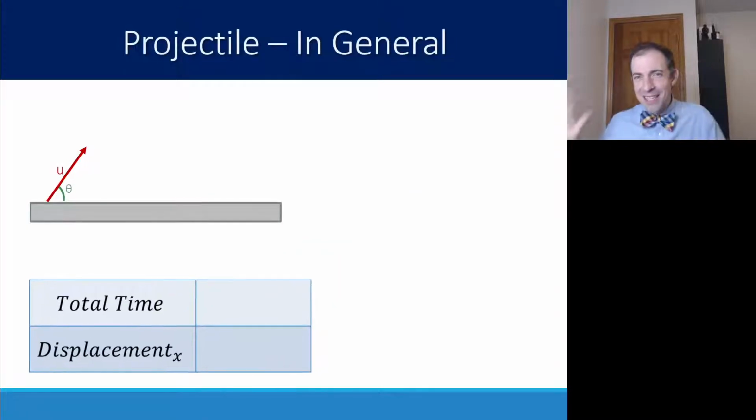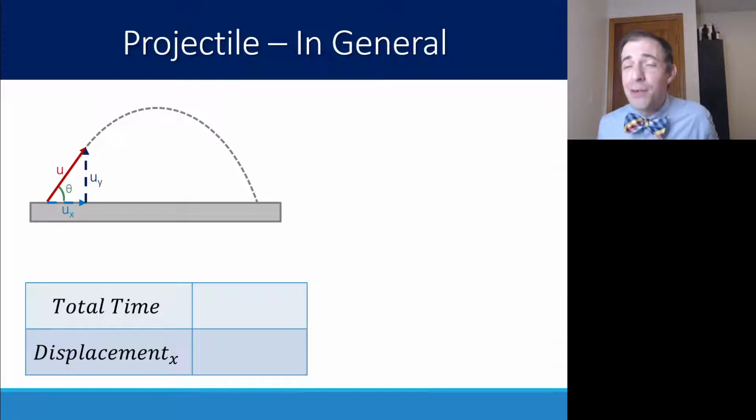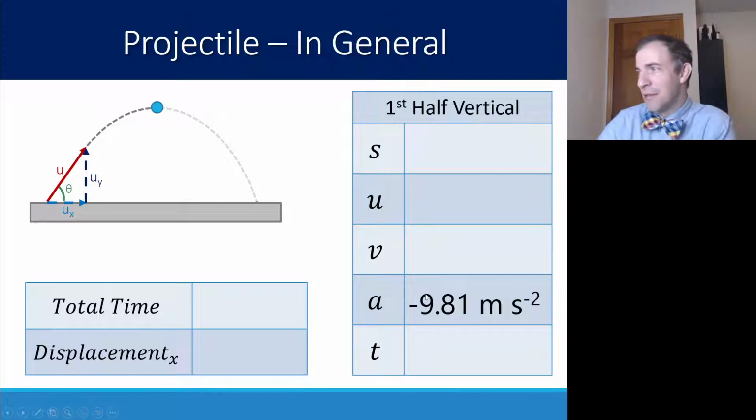All right, so let's look at this in general. If I have a projectile that goes up and back down, the first thing I need to do is solve for ux and uy. Now, that's going to be useful to me if I'm looking at only half of the problem. So let's look at just the first half. We know that in the vertical direction, acceleration is negative 9.81. That's our acceleration due to gravity. We know that the initial velocity is going to come all from the vertical initial, so uy, the component that I found at the beginning.